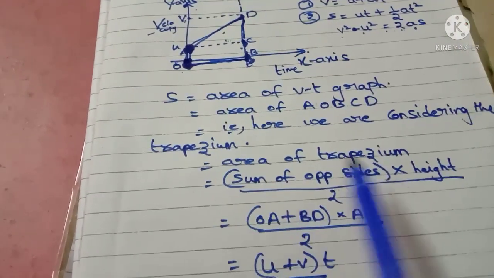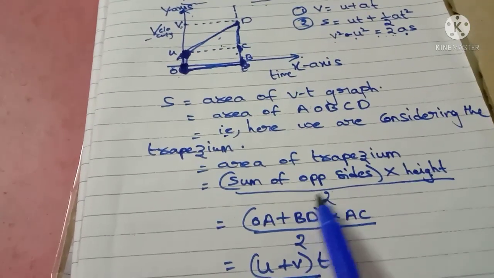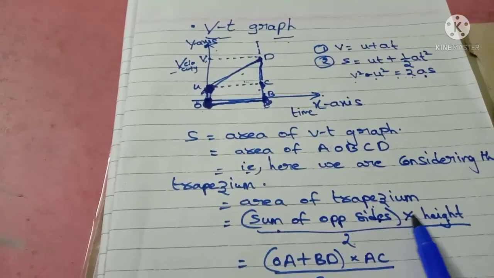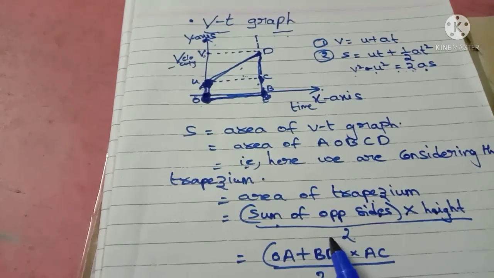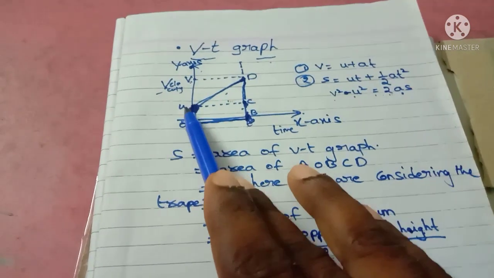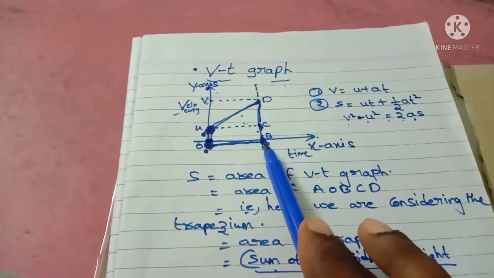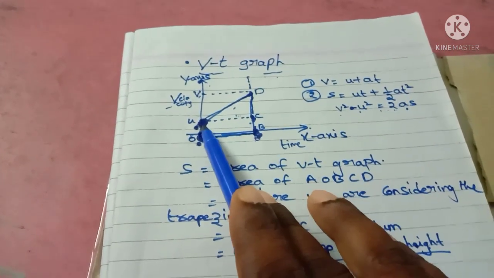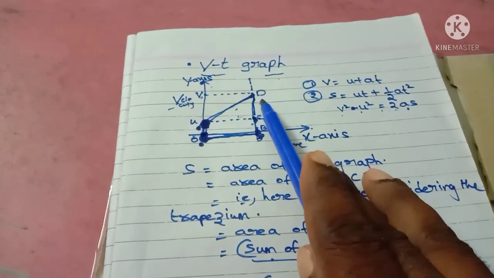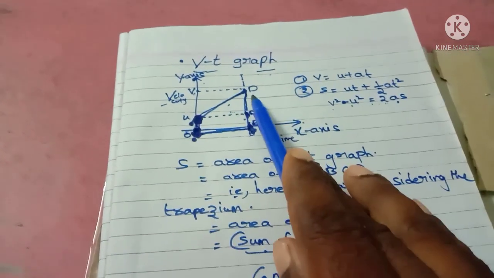Now what is the area of a trapezium? The area of a trapezium is the sum of opposite sides into height by 2. What are the opposite sides? This is the point A, this is the origin O, this point is B. As it started from here, we took this line as C, this final point is D. So consider A, O, B, C, D. This is our trapezium.